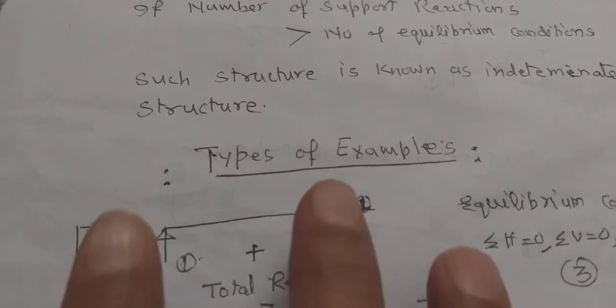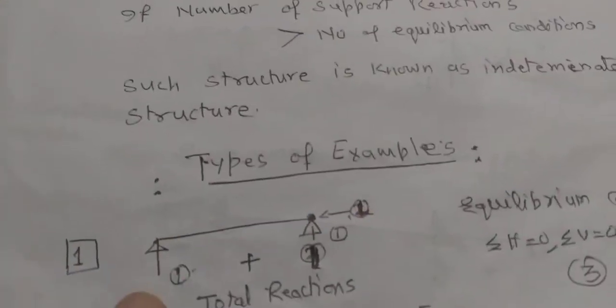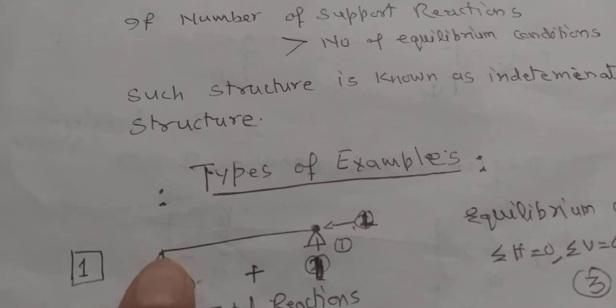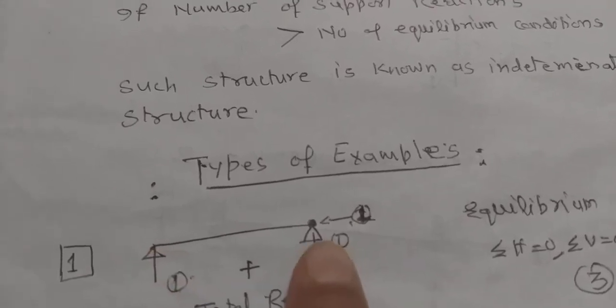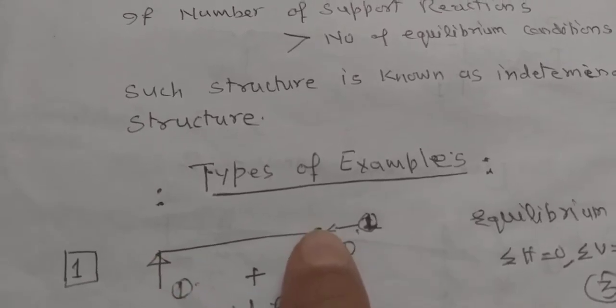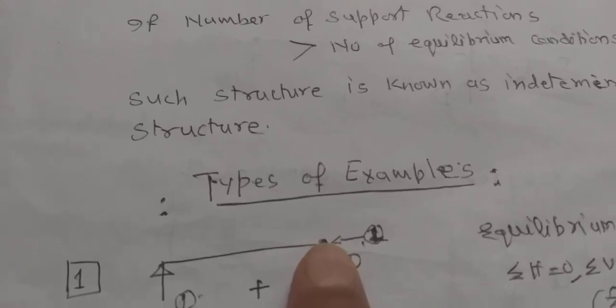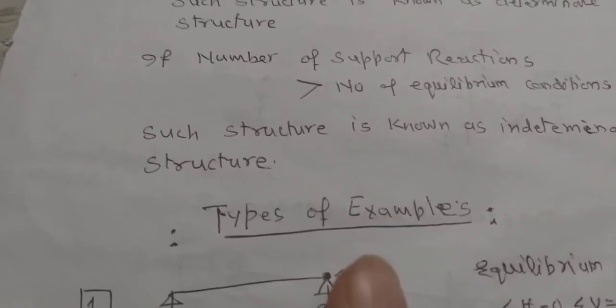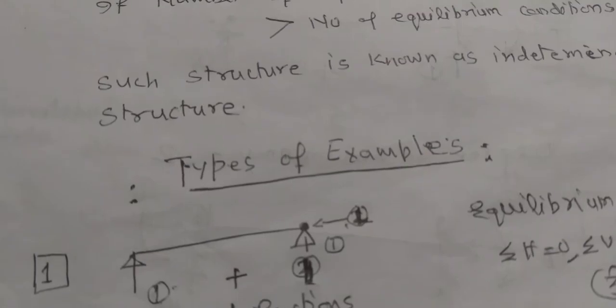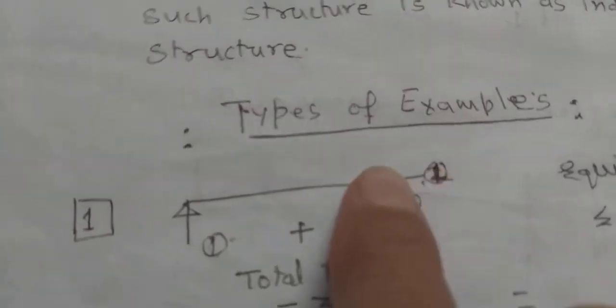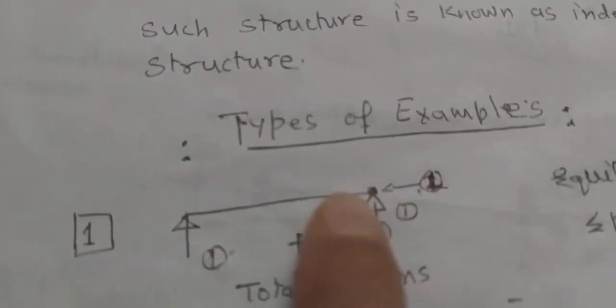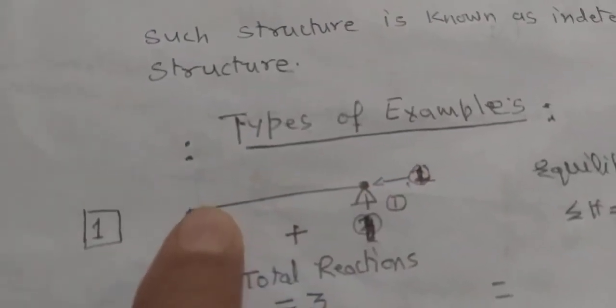First of all, we are taking a simple beam with one end simple support and other hinge support. When a dot is there, that indicates it has got a hinge. Now, we have already seen in our previous statement that when there is a hinge, there are two reactions, 1 and 2, and simple support there is one vertical reaction only.